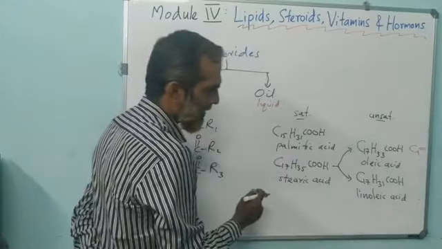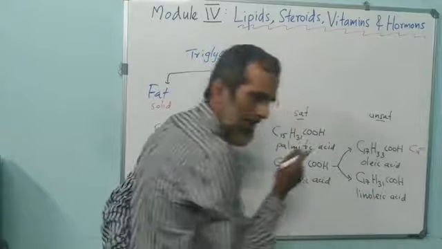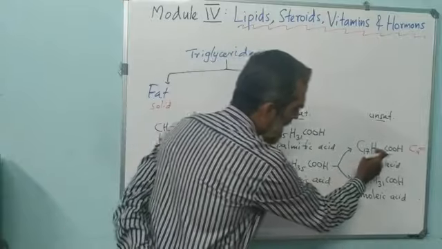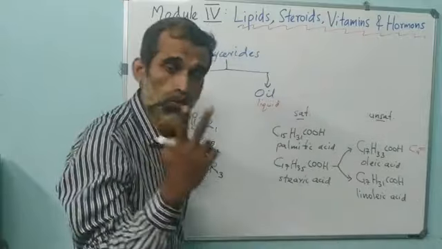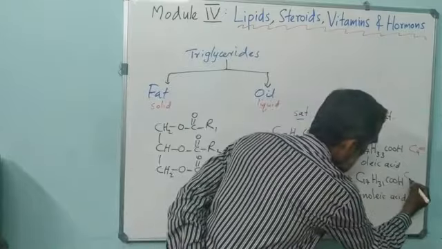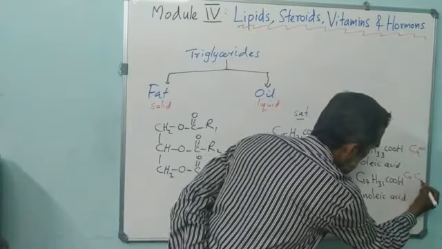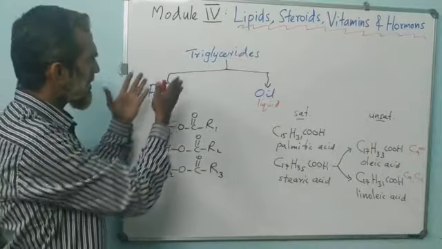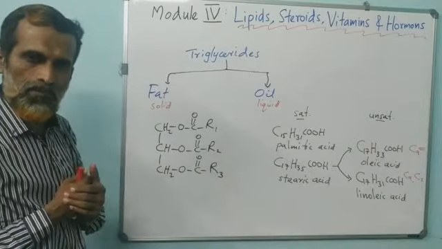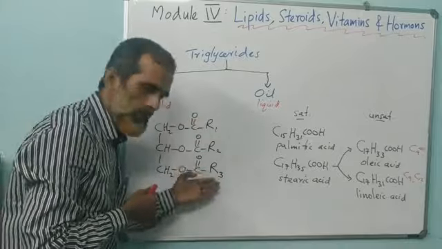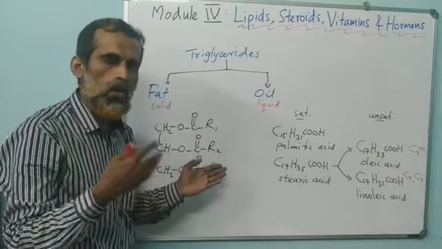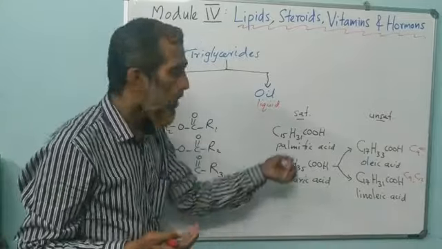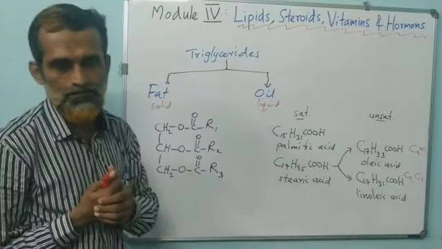Now in the second one, linoleic acid, you can see 2 more hydrogen less, so there are 2 double bonds, and they are at C9 and C12. Okay, right. So in triglycerides, the fatty acids could be either saturated or unsaturated.